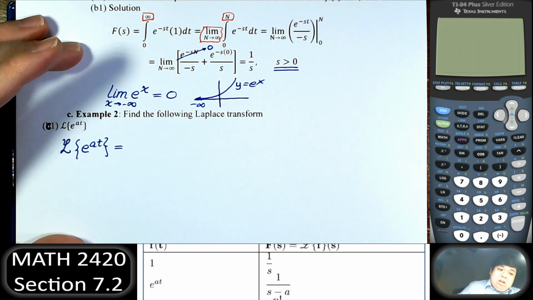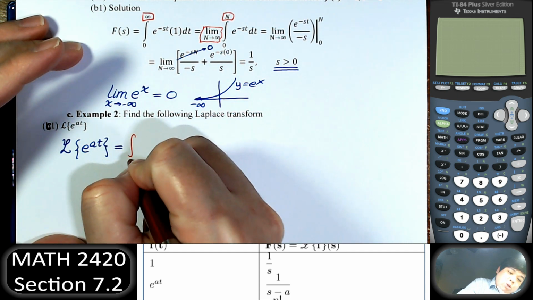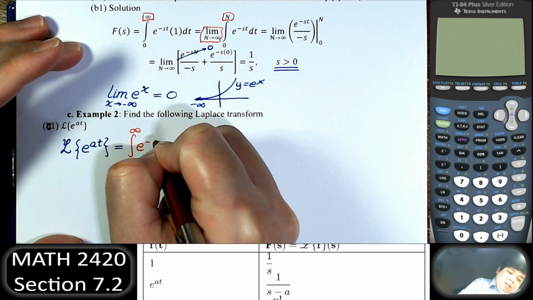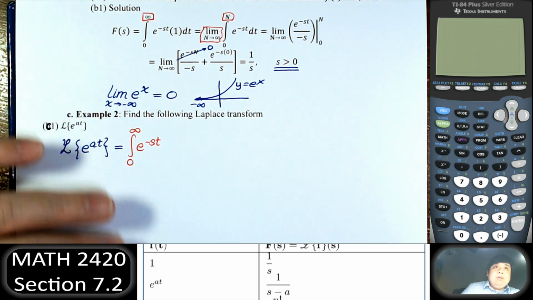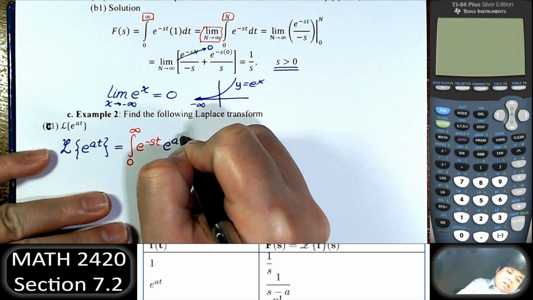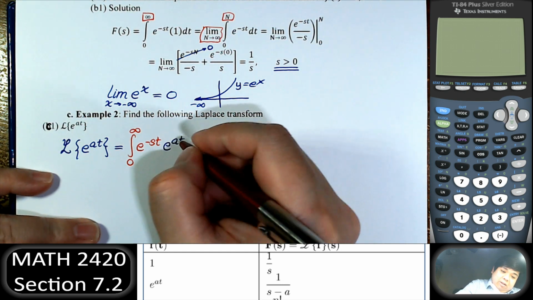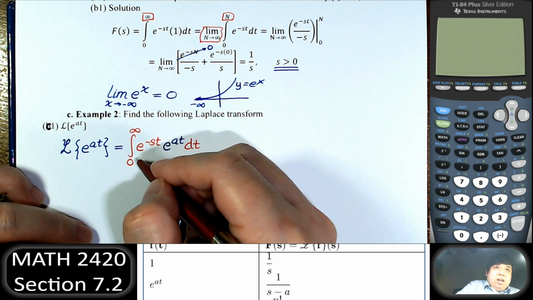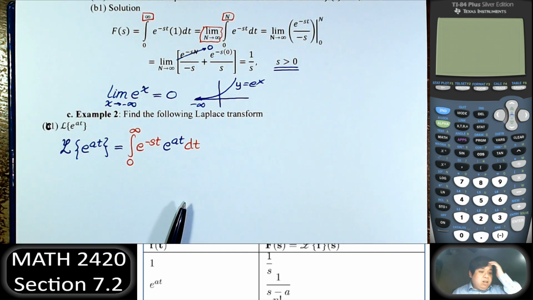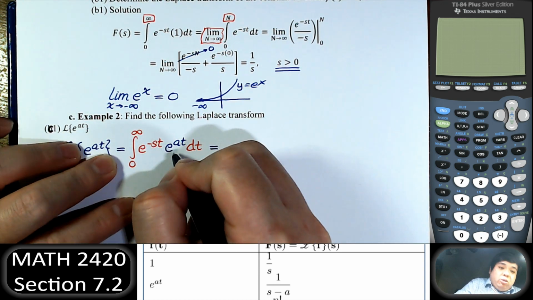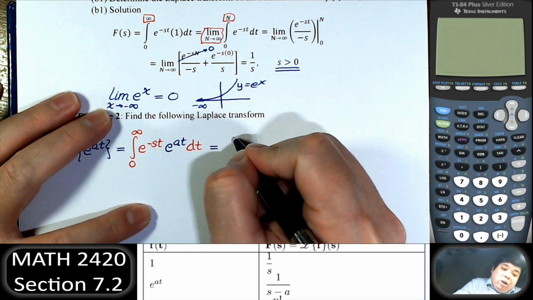By definition, we will have the integral from 0 to infinity of e to negative st times e to the at, and the variable here is t. Once we've done this, we end up with a function of s. Now just evaluate this integral. They are exponentials of the same base, so we combine the exponents.